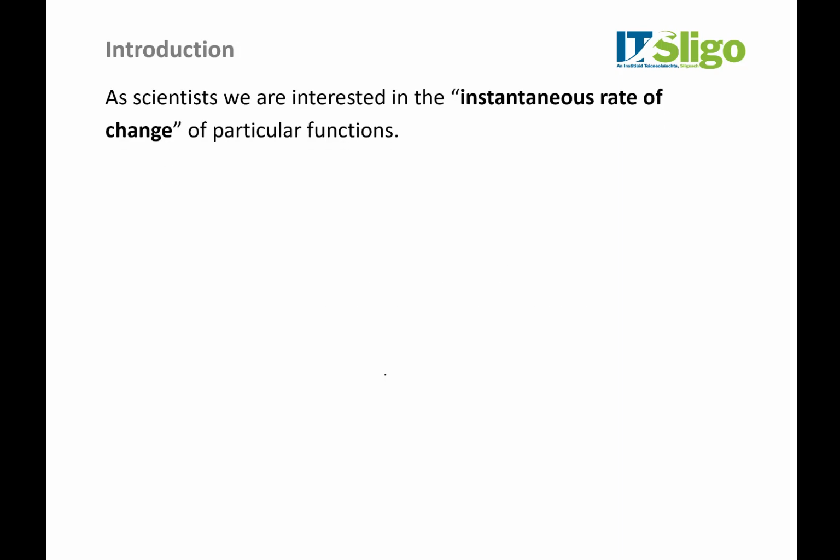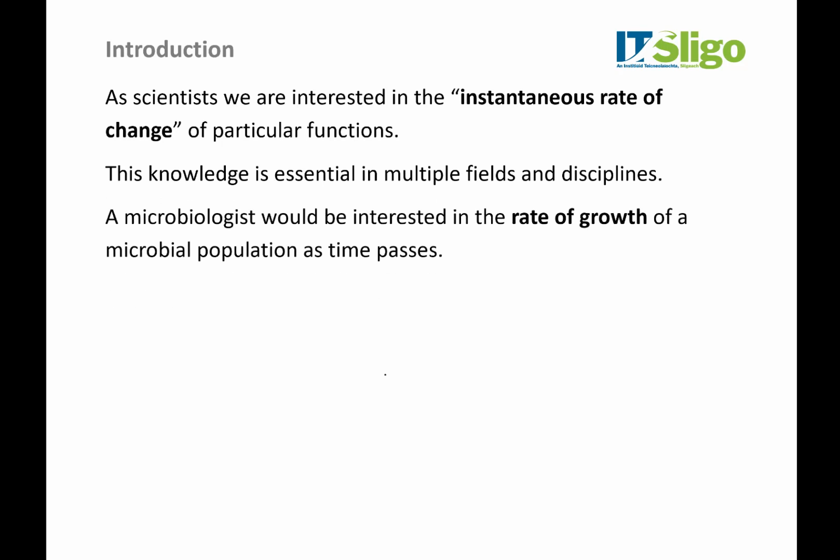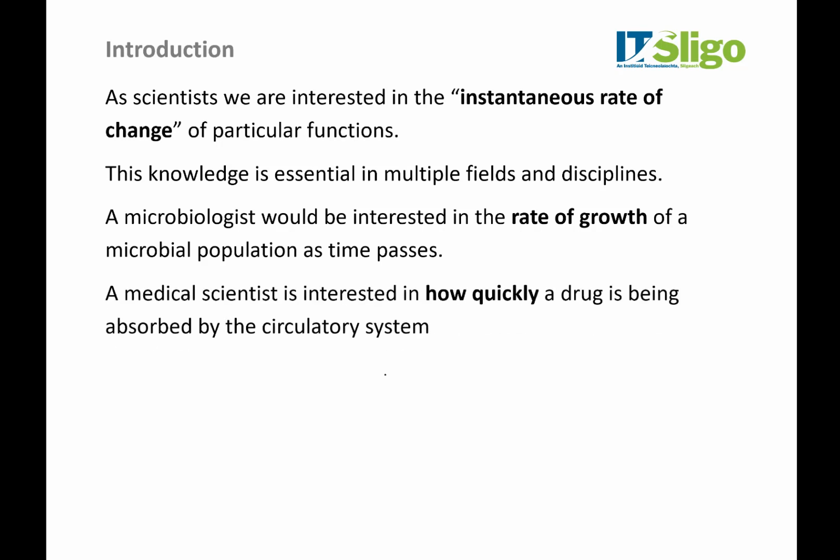So we're often interested as scientists in this instantaneous rate of change. So for example, microbiologists are interested in the rate of growth of a microbial population as time passes. A medical scientist is interested in how quickly a drug is being absorbed by the circulatory system.